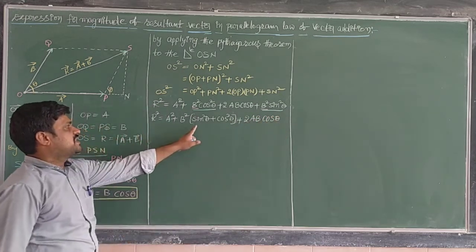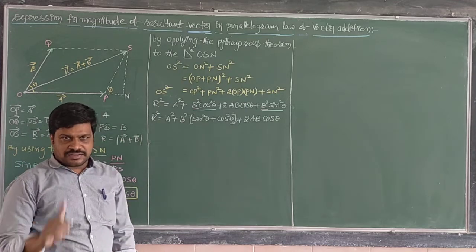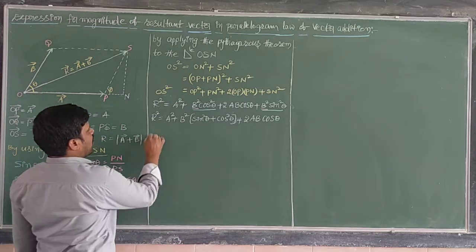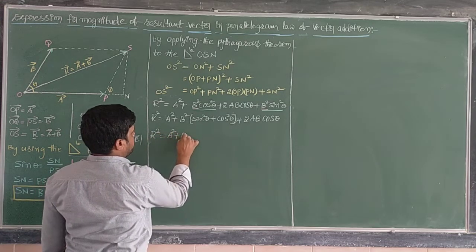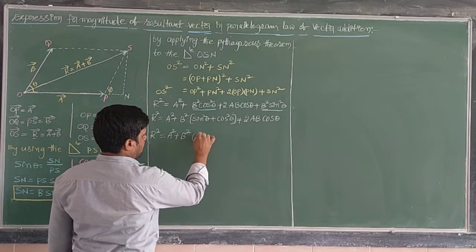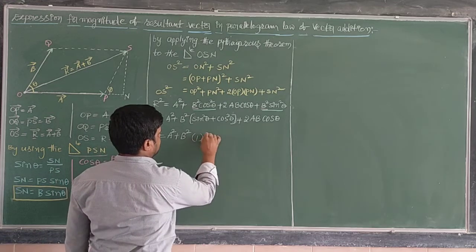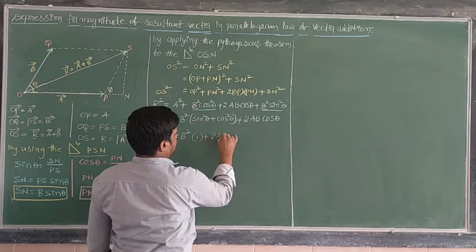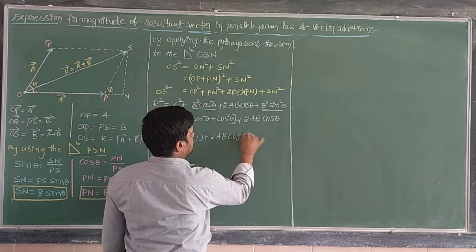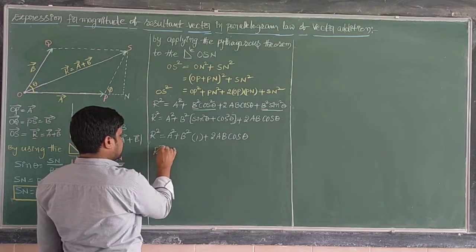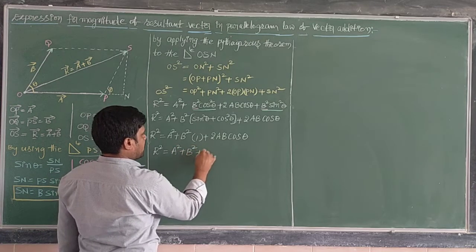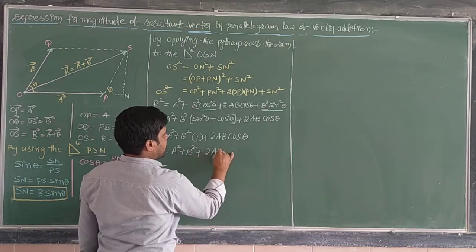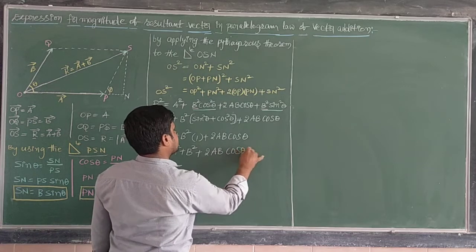Now sin square theta plus cos square theta, the value is 1. So R square is equal to A square plus B square into 1 plus 2ab cos theta. So R square is equal to A square plus B square plus 2ab cos theta.